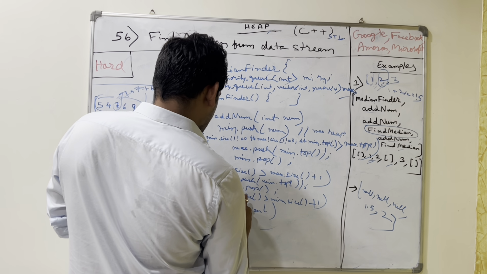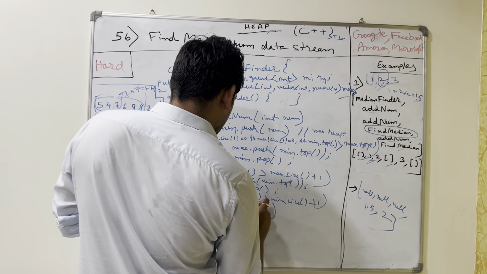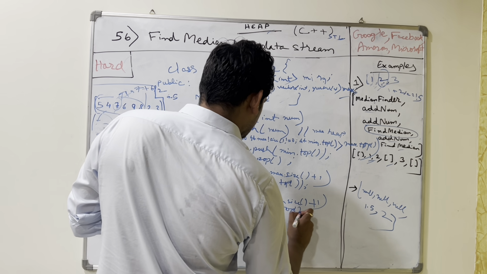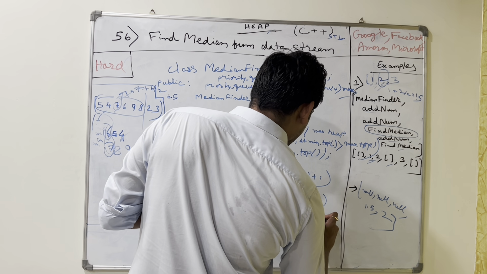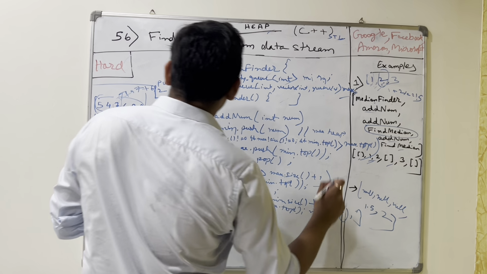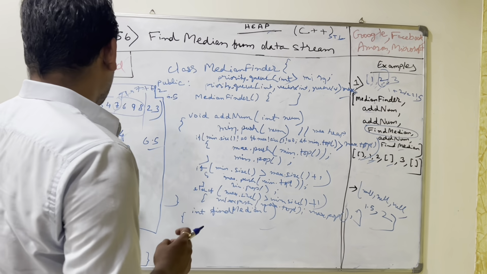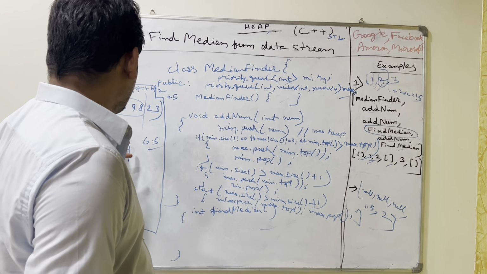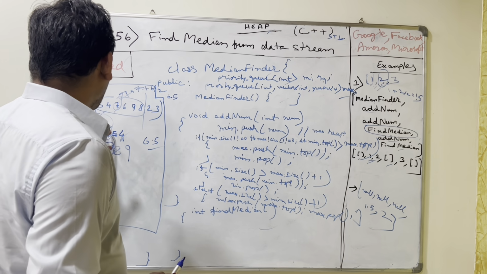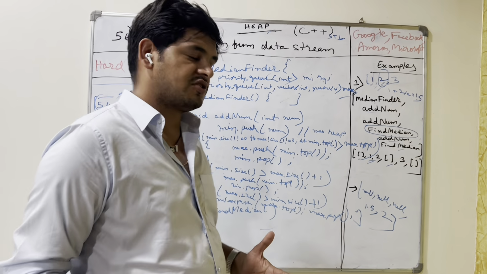We need to move min.push(max.top) and then max.pop, so that the sizes are equal to each other. When the numbers are even, we can just take the average of the min's top and the max's top.